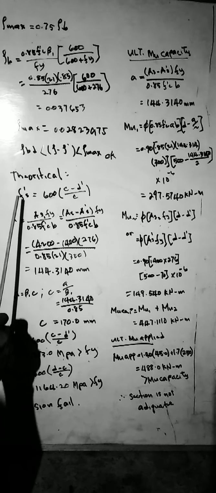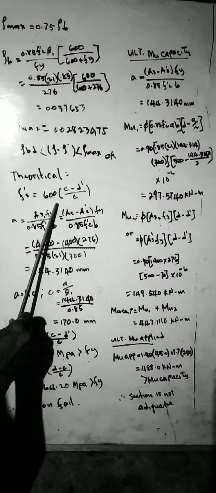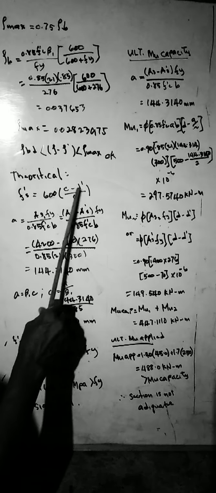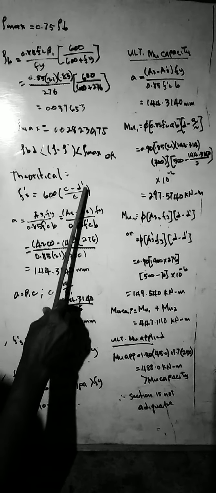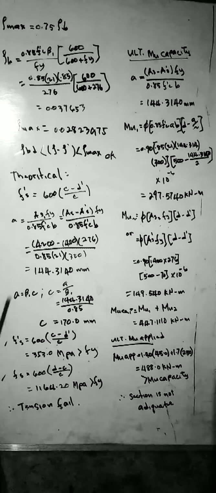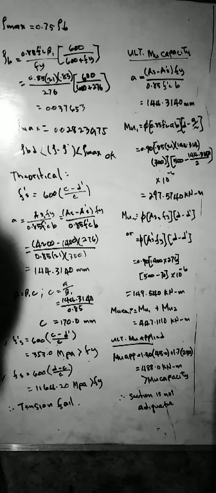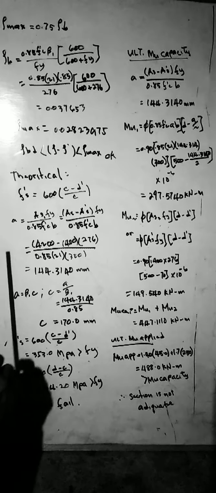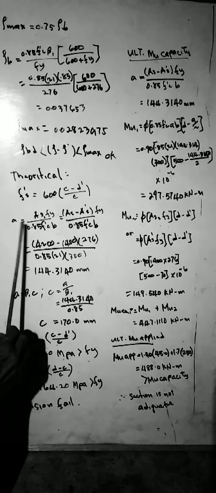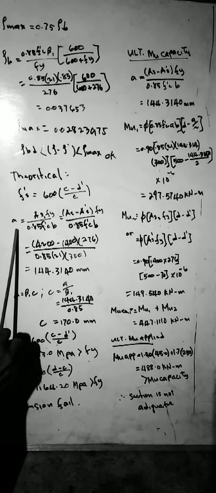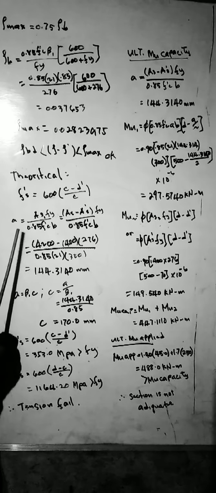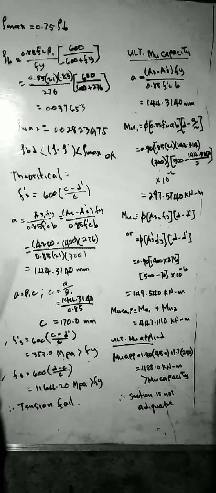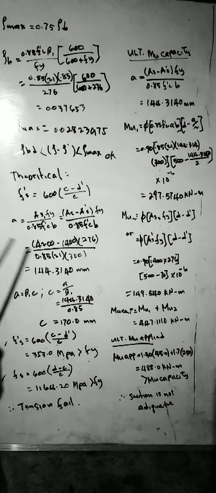As we know, f'_s is equal to 600 times the quantity (c − d')/c. And from the previous video, we have this, actually, from C1 equals T1.